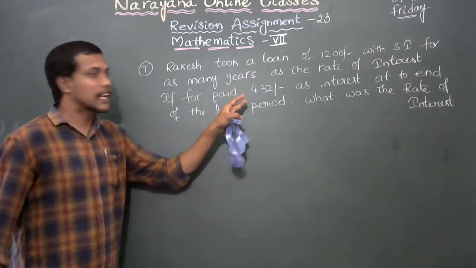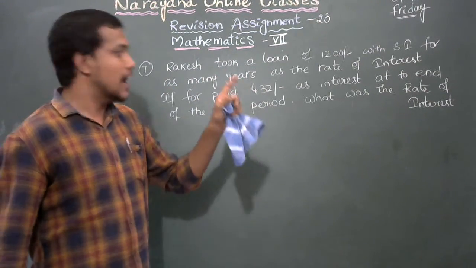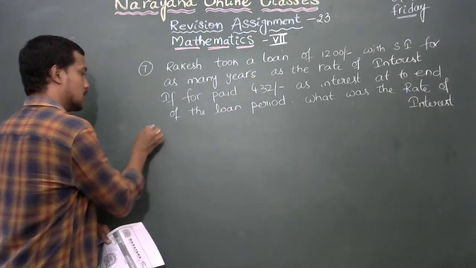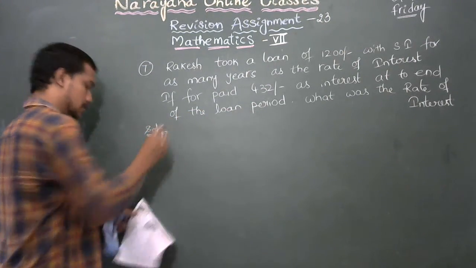If he paid 432 as interest at the end of the loan period, what was the rate of interest? So now the solution.